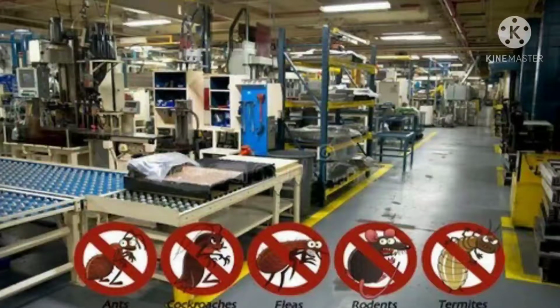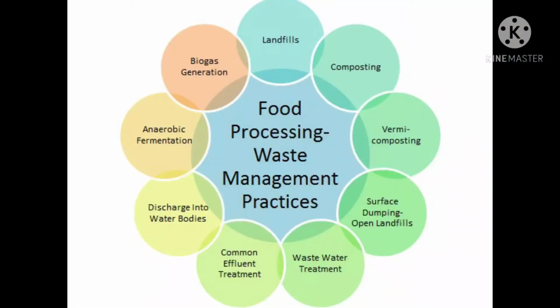Pest infestations can occur where there are breeding sites and a supply of food. Good hygiene practices should be applied to avoid creating an environment conducive to pests. FBOs should have adequate waste management systems.